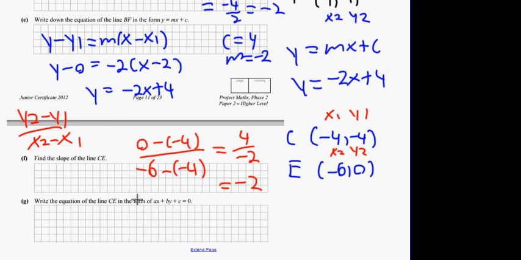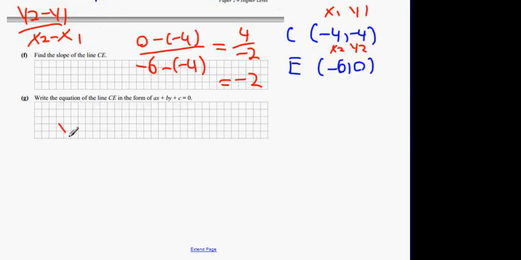Write the equation of CE in the form ax plus by plus c equals 0. Okay. Once again, we're going to use y minus y1 equals m bracket x minus x1. Which point is easier to use, C or E? E is easier because it has a 0. That'll make things easier.